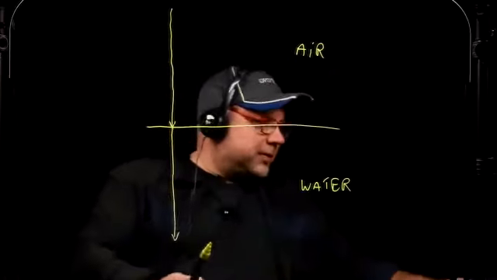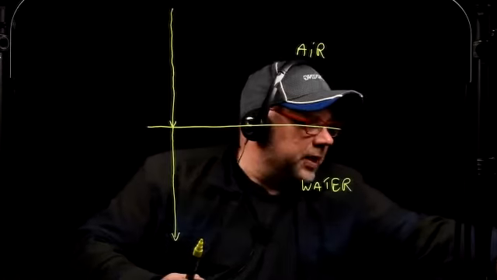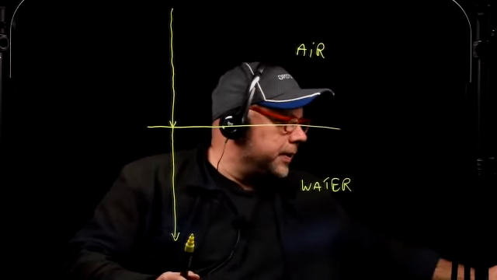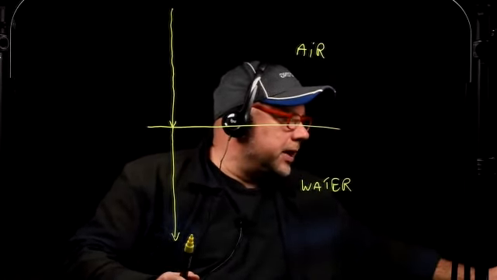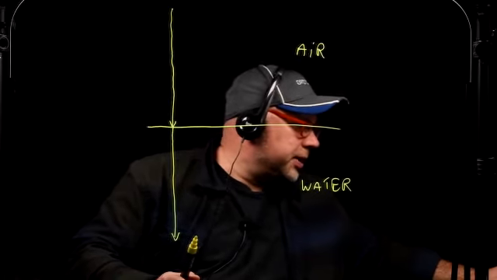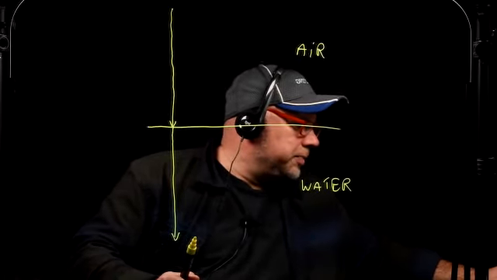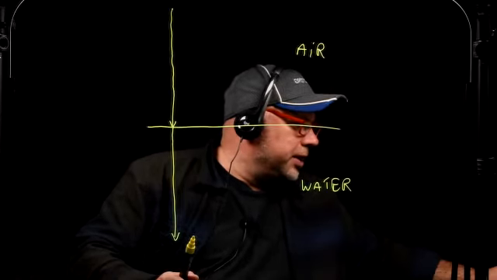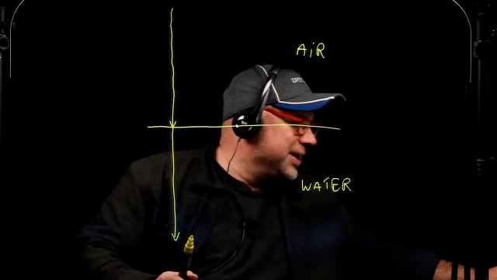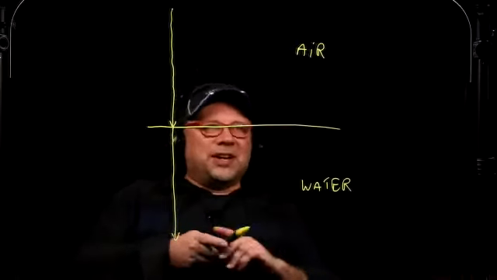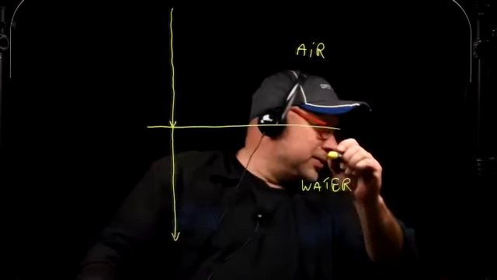I forgot what the speed of light is here. The speed of light is always 299,792,458 meters per second. Here's the number. Okay, 299.